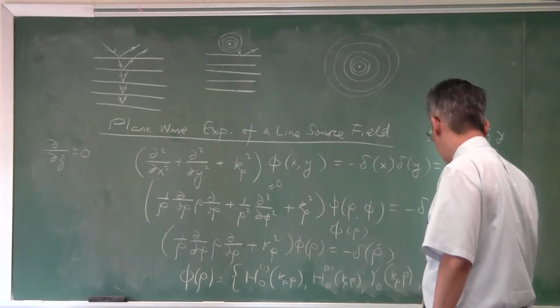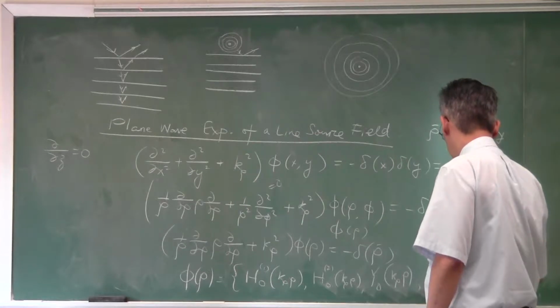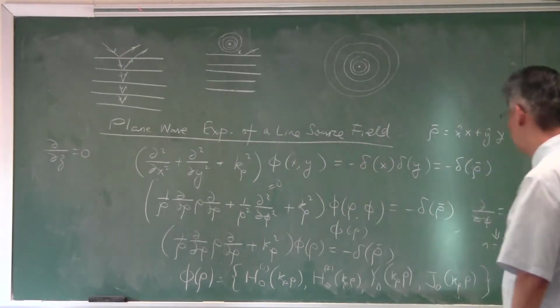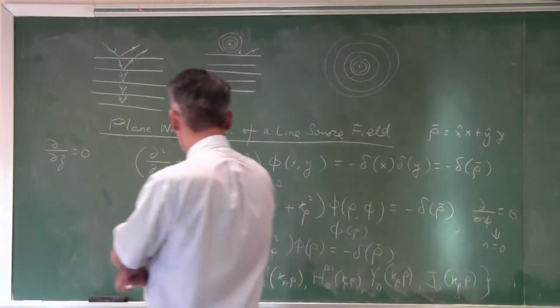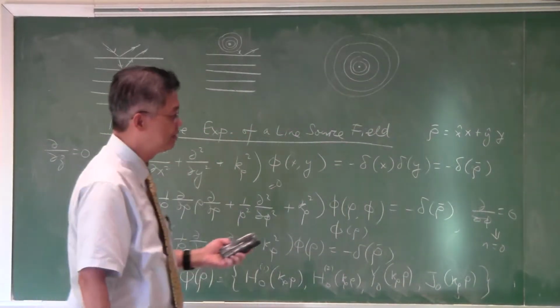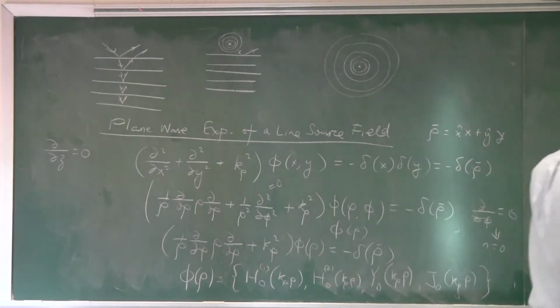Or the Bessel function. These are the choices for your phi of rho. But only one choice should prevail. The others can be thrown out. Okay? The others should be thrown out. Which is one of the four.